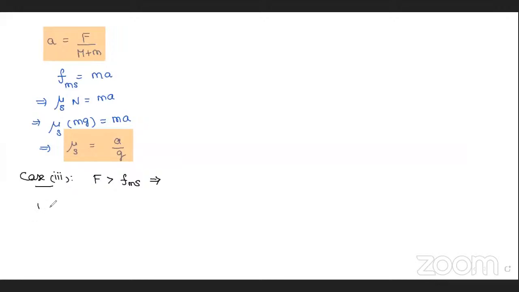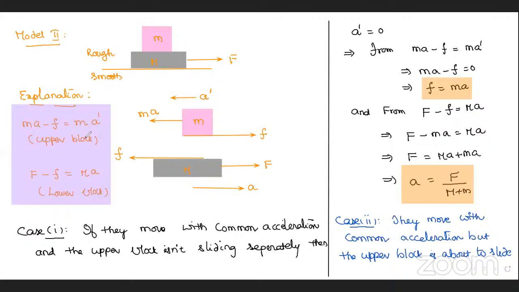That implies both the blocks slide separately. Separately slide. Already I wrote the equations both here. MA minus F is equal to MA dash.